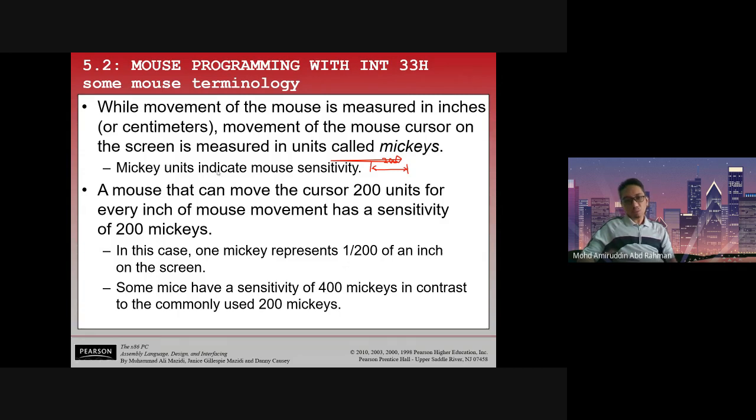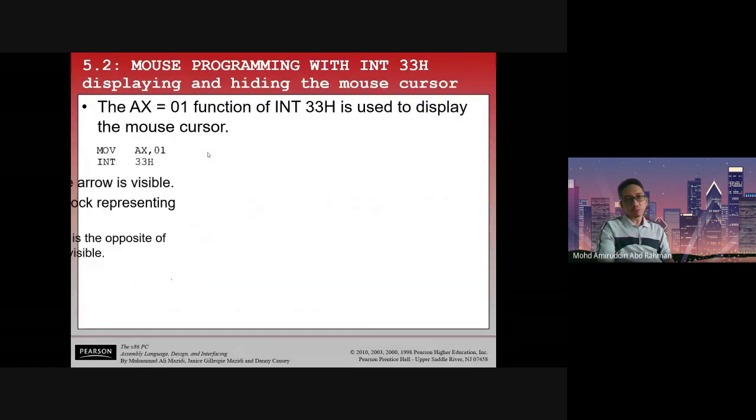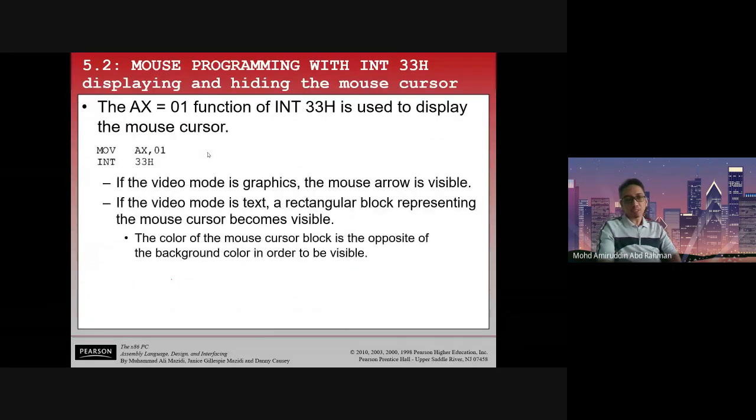Okay, in this case, 1 mickey might represent 1/200 of an inch on the screen. Okay, maksudnya 1 mickey tu sama dengan 1/200. So 1 inch tu bahagi dengan 200. Okay, some might have a sensitivity of 400 mickeys in contrast to the commonly used 200 mickeys. So dia ada yang 400 juga pun ada.